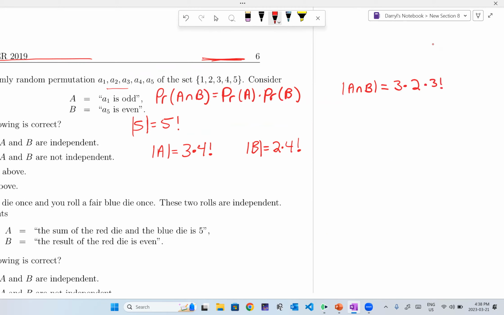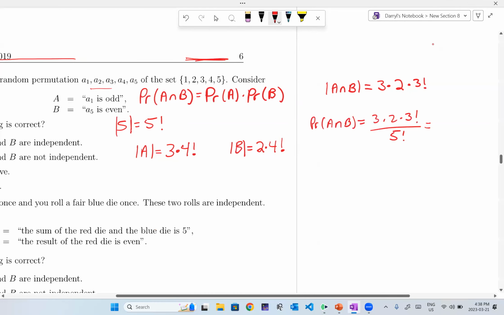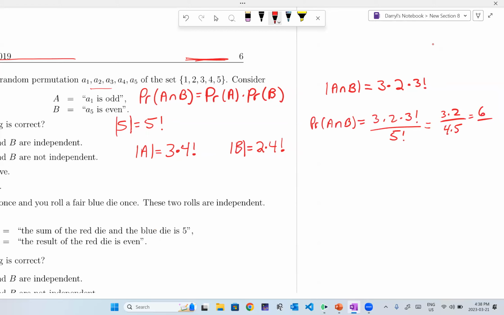So the probability of A intersect B equals 3 times 2 times 3 factorial over 5 factorial. That is 3 times 2 over 4 times 5, which is 20. So it's 6 over 20. And now, is this equal to the probability of A times the probability of B?